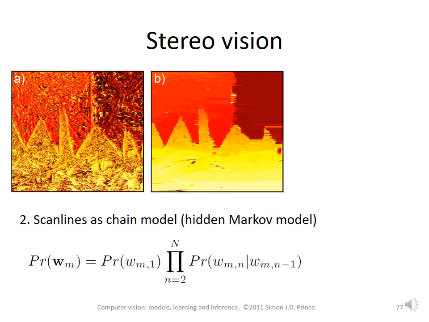Now, next thing we can do is what we've just explained. We can treat this as a chain model. So every row of the image is its own chain. These chains don't know anything about each other, so we're not looking north or south in our image, just purely horizontally as a single scan line.